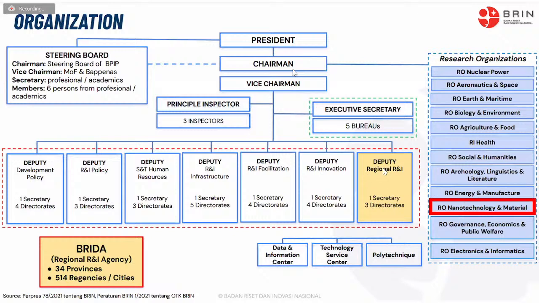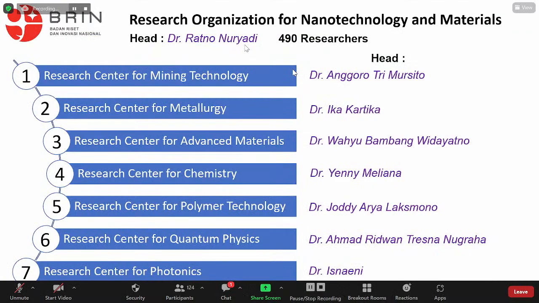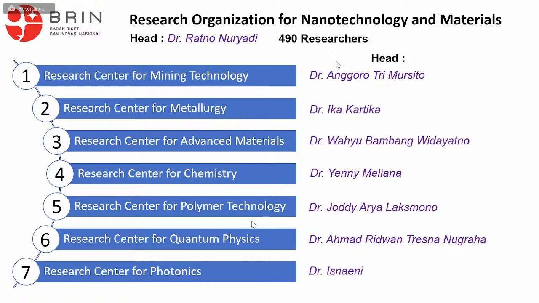Each research organization covers research centers, and the number of research centers in BRIN is now 85, and the research organization for nanotechnology and material has 7 research centers. So these are the research centers: the Research Center for Mining Technology, Research Center for Metallurgy, Research Center for Advanced Materials, Chemistry, Polymer Technology, Quantum Physics, and Research Center for Photonics.